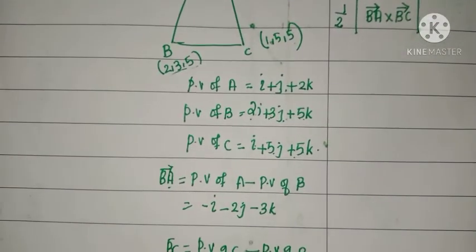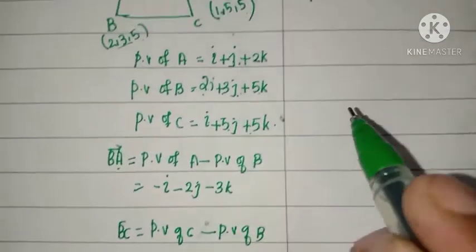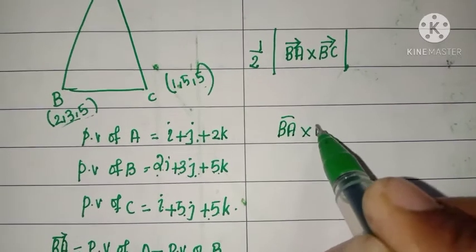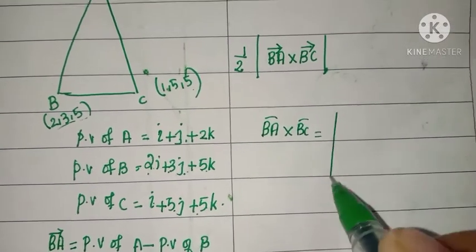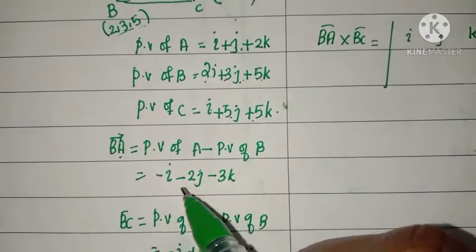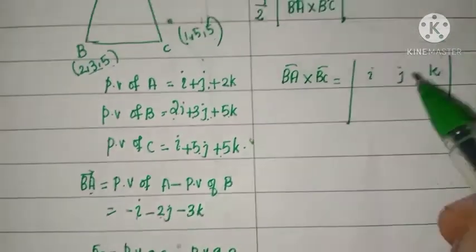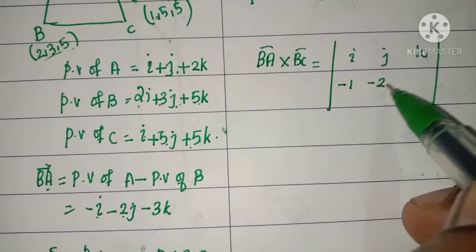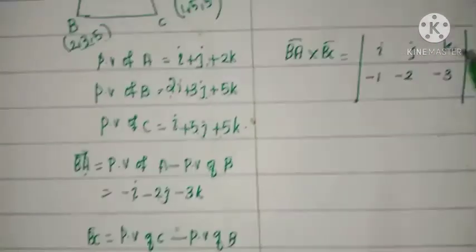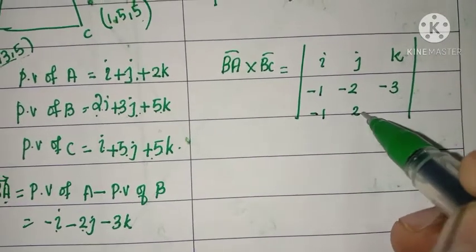Okay. Now find their cross product BA cross BC. So i, j, k. Now determinant: -1, -2, -3, and -1, 2, 0.